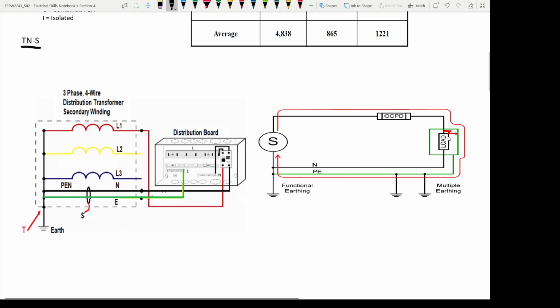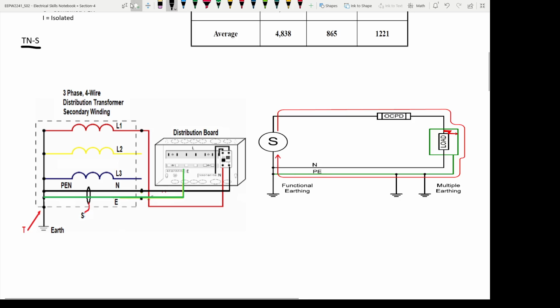In the right side picture you can see when a fault happens, the leakage fault happens here. So when a leakage fault happens in this TNS earthing system, the fault current flows from the source in the line conductor, then flows in the earth conductor, and goes back to the source.